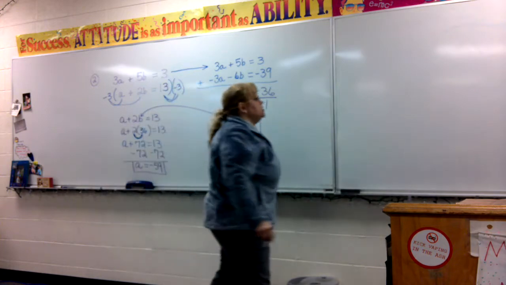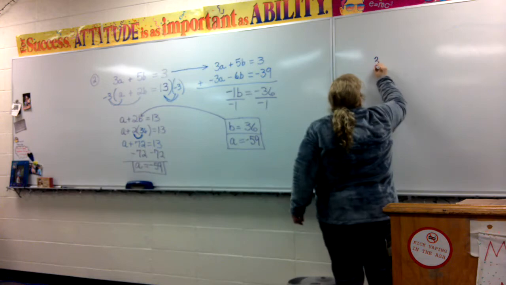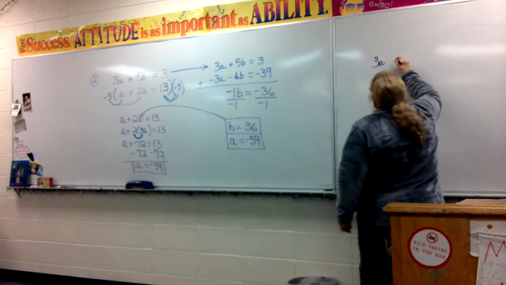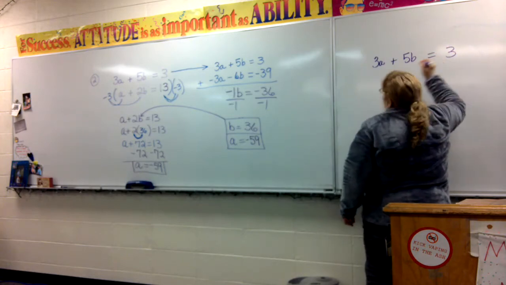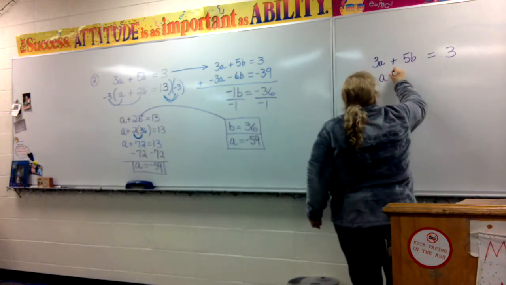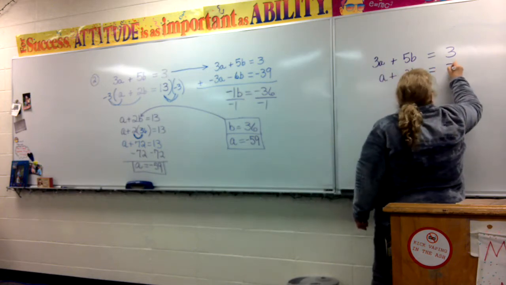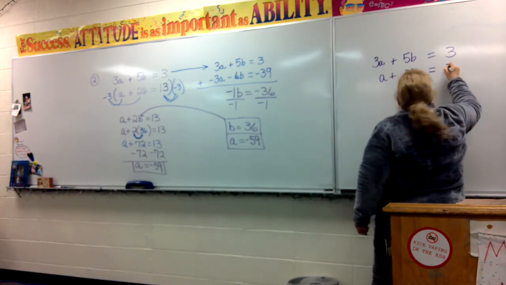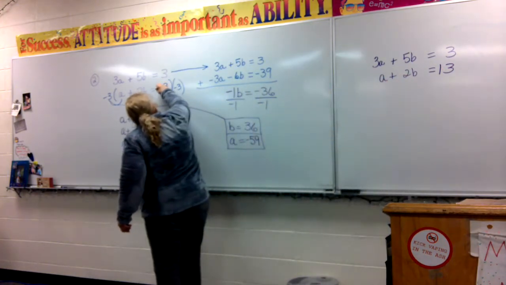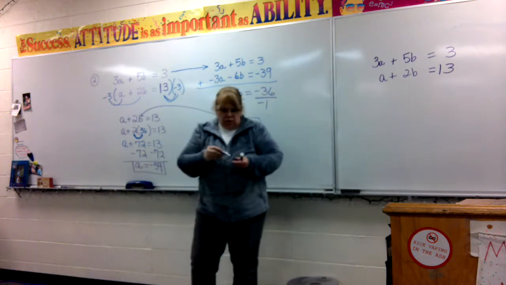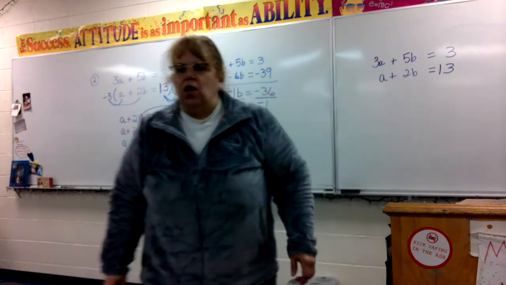Is that the only way you could do it? Absolutely not. I want to show you one more thing. A plus 2b equals 13. So let's just say I like to do things the longer way.